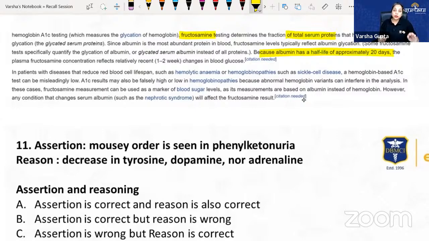So plasma fructosamine levels reflect the recent changes in the blood glucose, which is very important, especially in patients suffering from hemolytic anemia, hemoglobinopathies, or sickle cell disease. In those patients, measuring glycated hemoglobin to test the sugar level is not a very good way. Rather, we will check the fructosamine level. Okay.